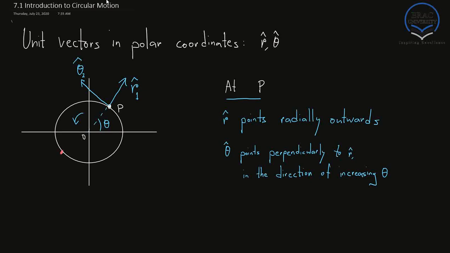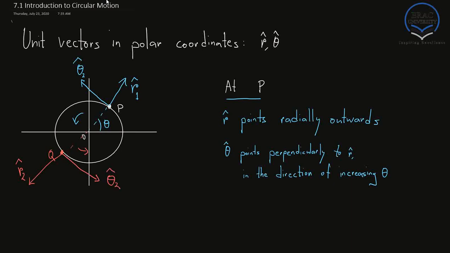Let's call it Q. Then at point Q, if you try to apply the same prescription again, you would have an r hat that points in this direction. Let's call this r hat 2. And theta hat would again point in the direction of increasing theta. Theta increases anti-clockwise, and then you would have theta hat 2 going like this.